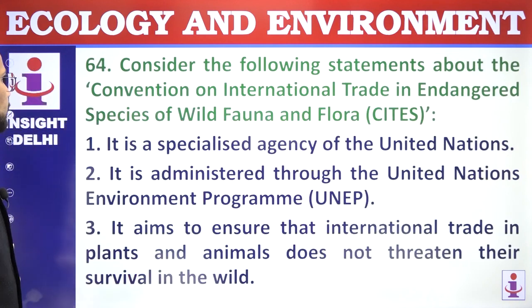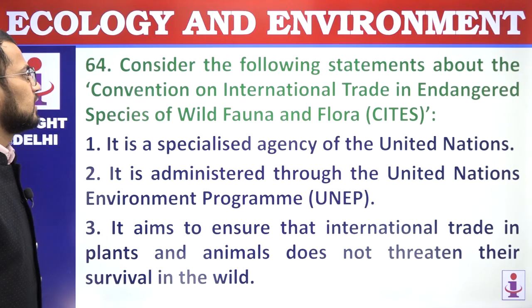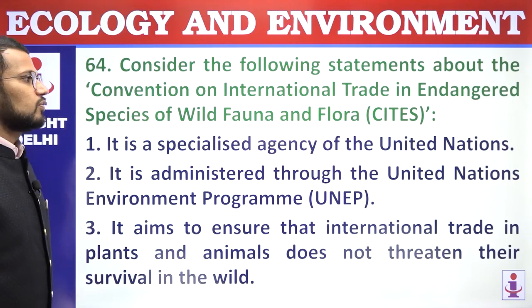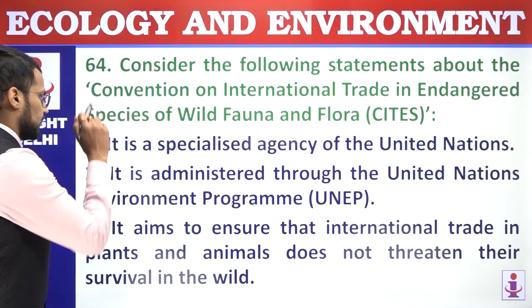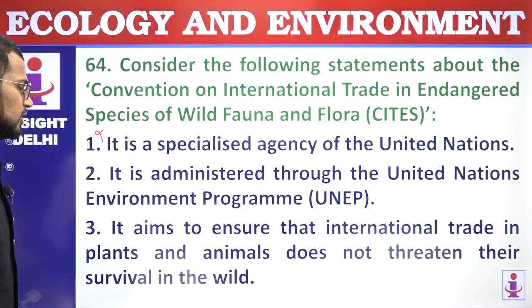63, answer is A. 64. Consider the following statements about the Convention on International Trade in Endangered Species of Wild Fauna and Flora, that means CITES. First, it is a specialized agency of the United Nations, incorrect, right? It is not a specialized agency. Second, it is administered through UNEP, right?